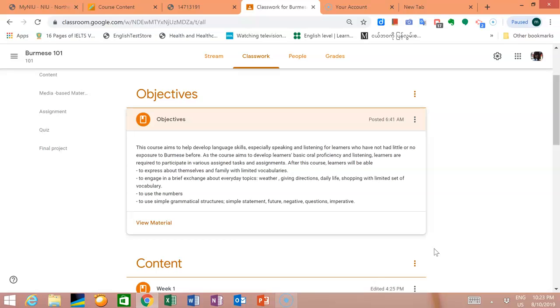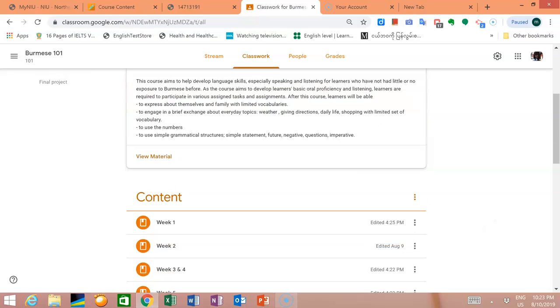Our third objective is to be able to use the numbers. And our last objective is that they will be able to use simple grammatical structures such as making simple statements, future statements, constructing negative sentences, as well as making questions and imperatives.